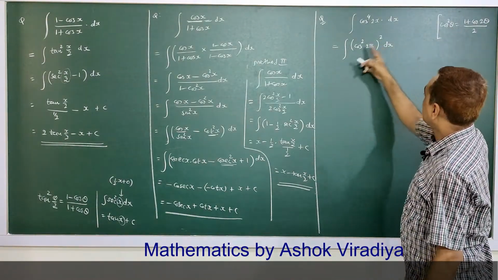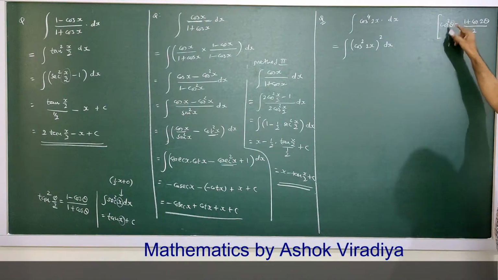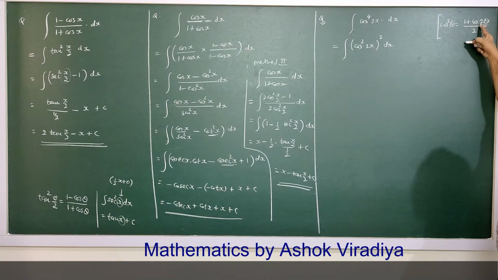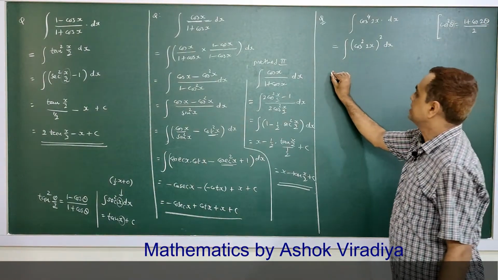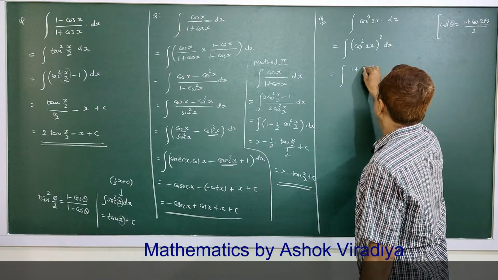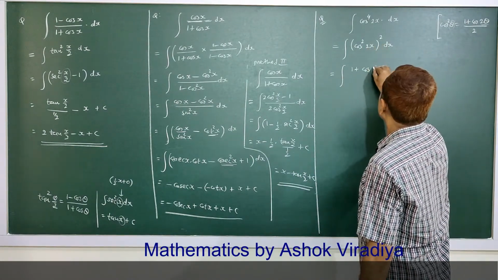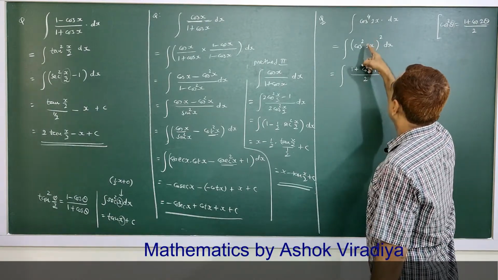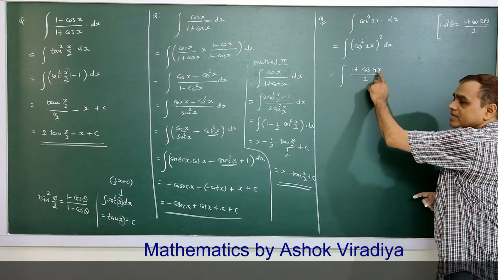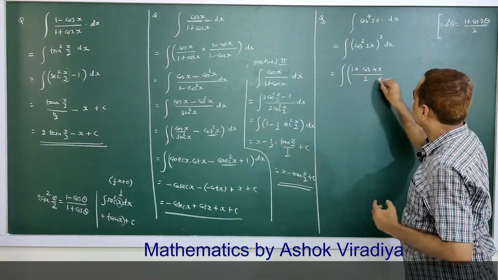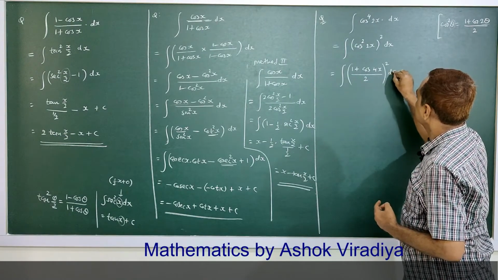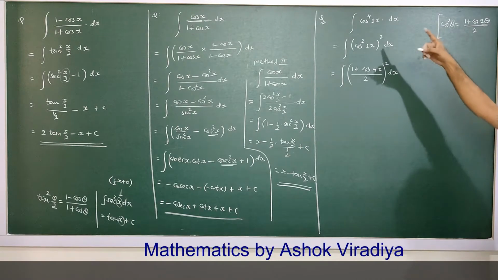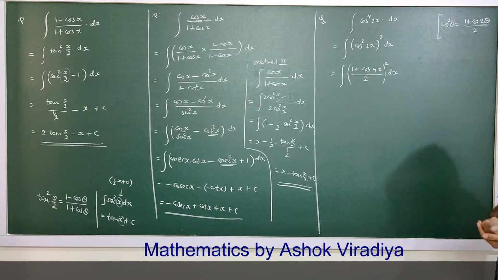Now using this formula on cos square 2x, here 2x is given, so the double of 2x is 4x. So cos square 2x is 1 plus cos of its double, 4x, by 2, since cos square theta is 1 plus cos double theta by 2, and whole square. So 4 power is converted into 2 power.